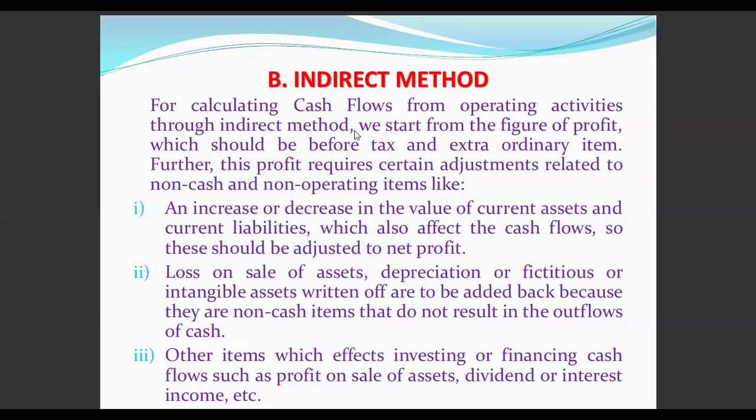So here, instead of just figuring out two blocks, we have multiple adjustments, and we get a clearer and more exact picture of cash flow. The first thing we do is adjust the change, that is increase or decrease in value of current assets and current liabilities.